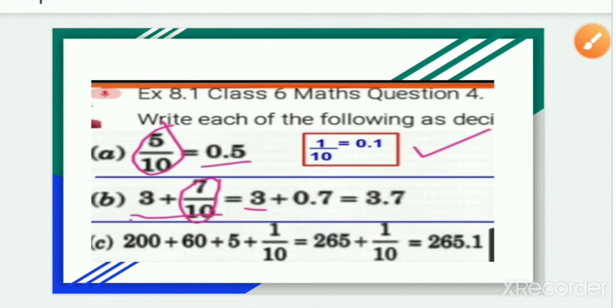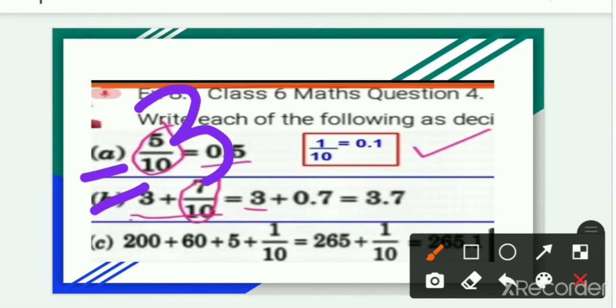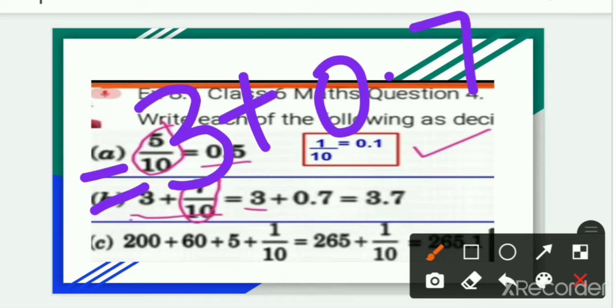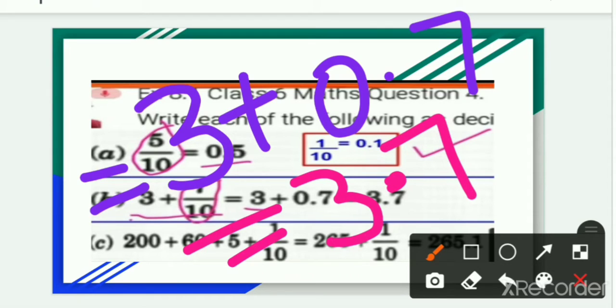Just write the number given, that is 3, and then the decimal part, 0.7. So it will be 3.7.